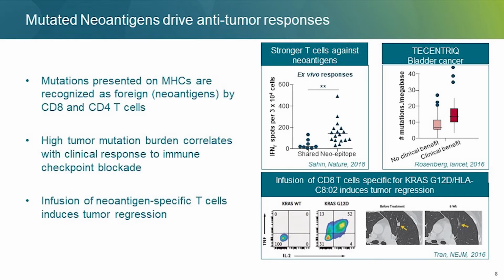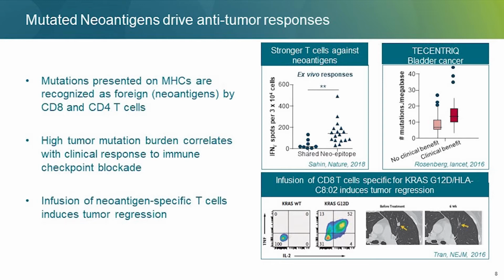They can be recognized as foreign or neoantigens by both CD4 and CD8 T cells. And you can see here on the left-hand side figure that the T cell response elicited against these neoantigens is stronger than the T cell response elicited against shared antigens, again suggesting that these neoantigens are recognized as foreign.